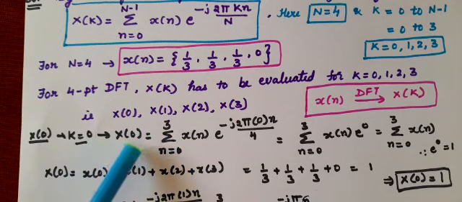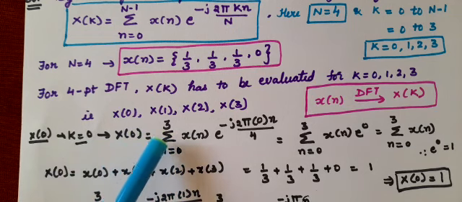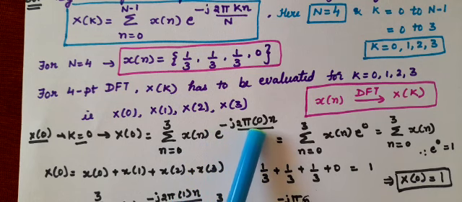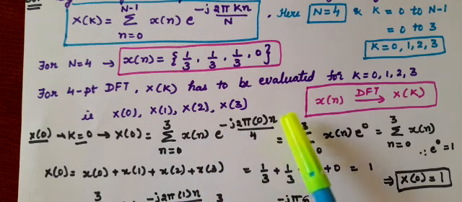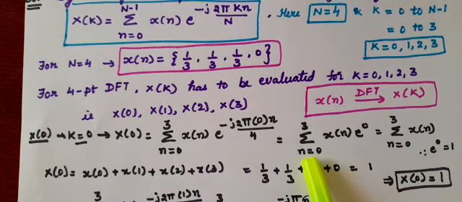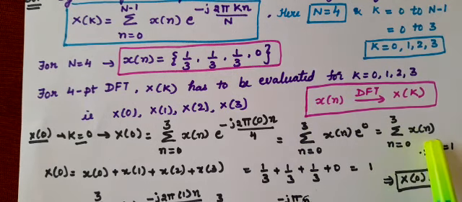Capital N value is 4, so n will vary from 0 to 3, of x of n e to the power minus j 2 pi k n by 4, with k value 0. So we have written it as summation n is equal to 0 to 3 of x of n e to the power 0. What is e to the power 0? 1. So it is summation n is equal to 0 to 3 of x of n.